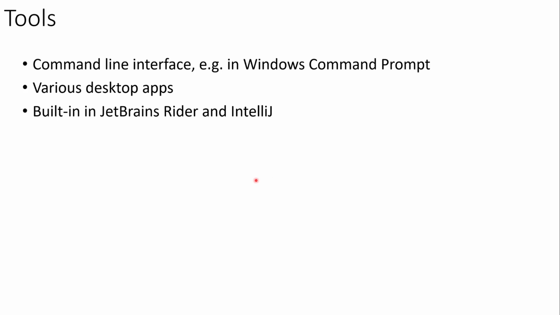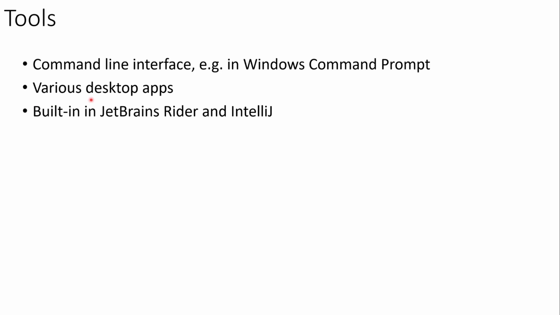So there are various tools to work with Git. The common one, I think, that I see in most of the tutorials, as I mentioned, is the command line interface. You open, for example, Windows command prompt or something similar, and you just write commands in, and you have this text-based UI, and that's probably just great for most people, but it's also increasing the learning curve a bit, I think.